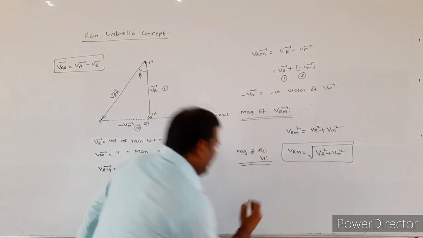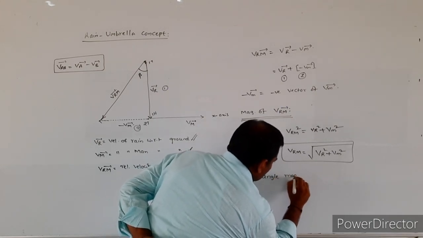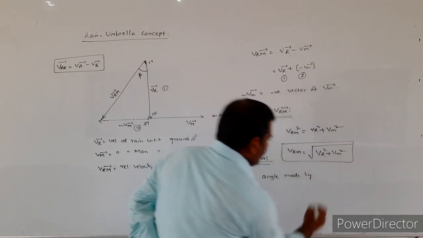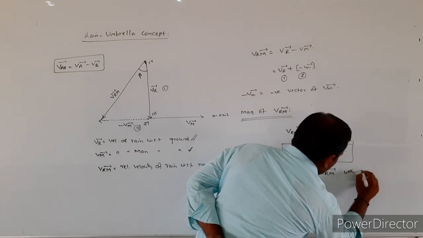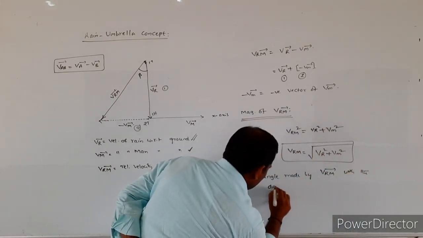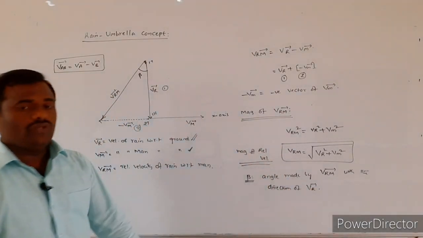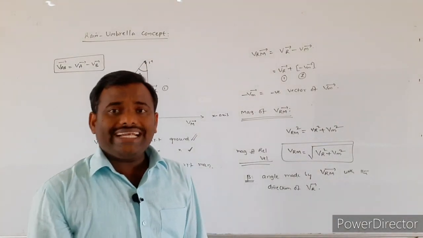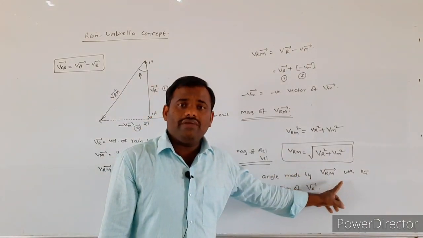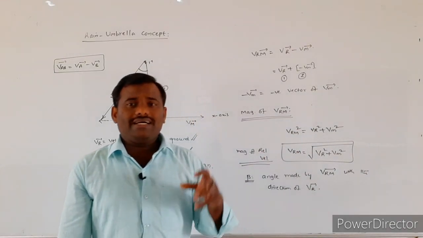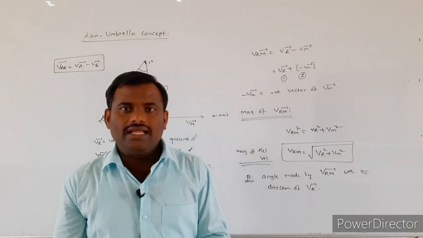Beta is defined as the angle made by the relative velocity of rain with respect to the man with the direction of velocity of rain Vr bar.